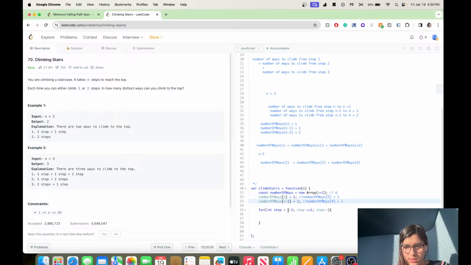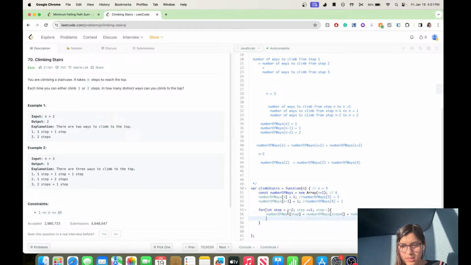So okay, and it starts from n minus 2, so I think it starts from n is equal to 5 here, right? Since 5 and 4 is already done, it starts from 3, so 5 minus 2 is 3, and number of ways step will be equal to number of ways step plus 1 plus number of ways step plus 2, right?